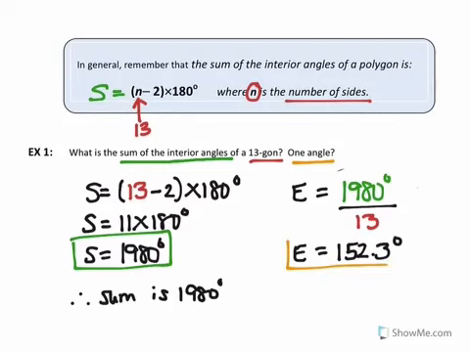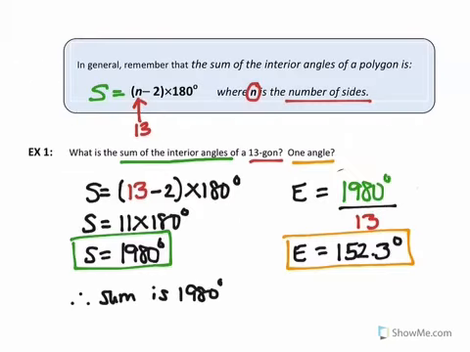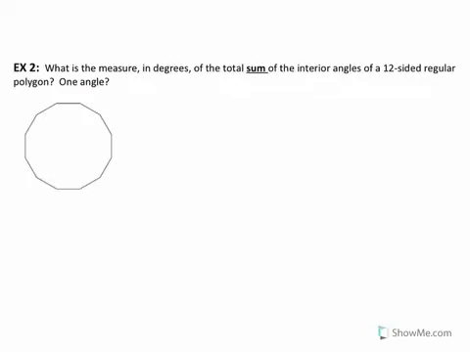This is basically telling you that each of those corners is 152.3 degrees. So then we just write a quick therefore, one angle is 152.3 degrees. All right, let's try the next one.